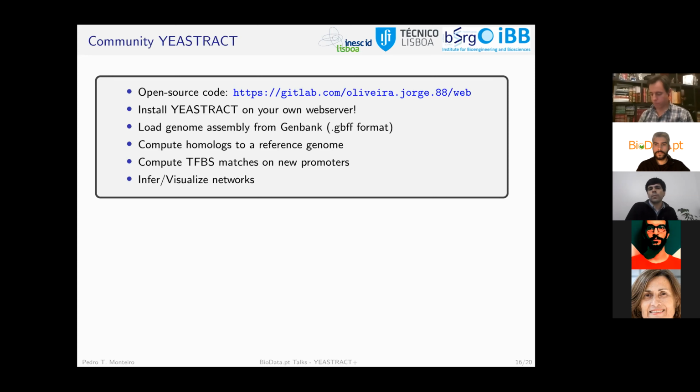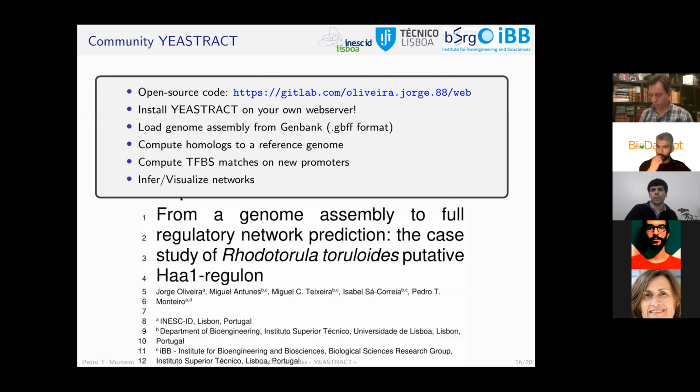So if that information is there, we immediately compute the matches against the promoters of the newly sequenced species to also try to infer potential regulatory element conservation in the promoter, and also the functionality to infer and visualize networks. And so we did a case study for this and we submitted it for publication recently, and hopefully it will come out next year.